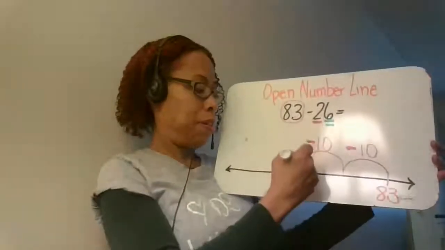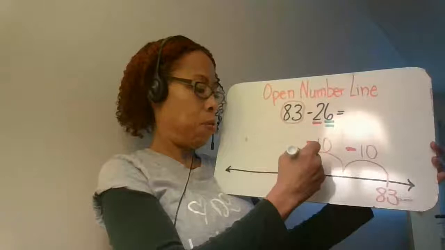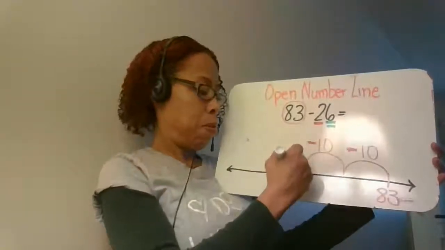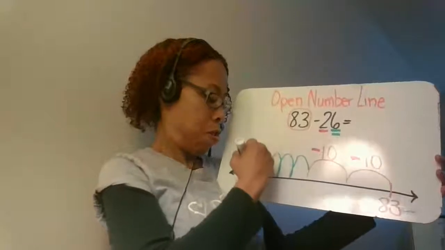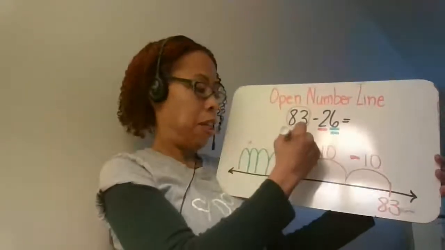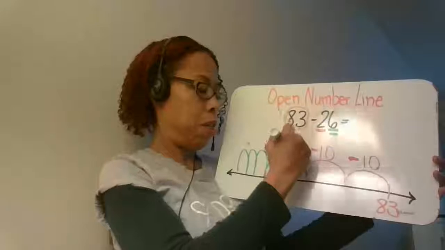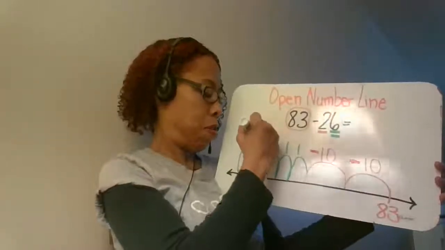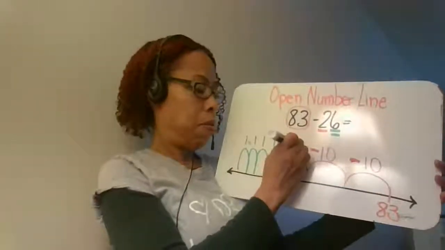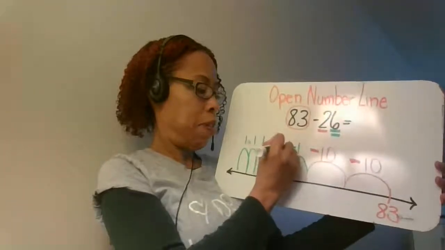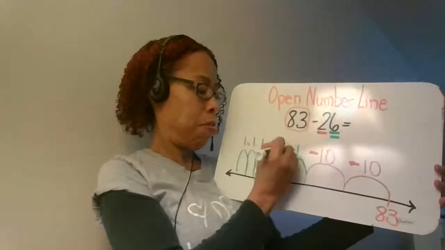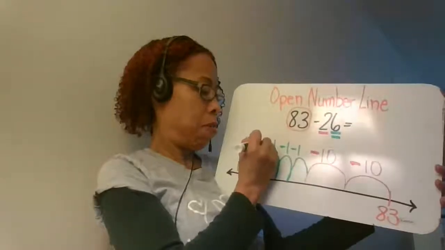So it's going to be 6 ones, or 1 six times. 1, 2, 3, 4, 5, and 6. We're counting 1 six times. We'll put a little minus sign in front of each to remind ourselves that we are subtracting.